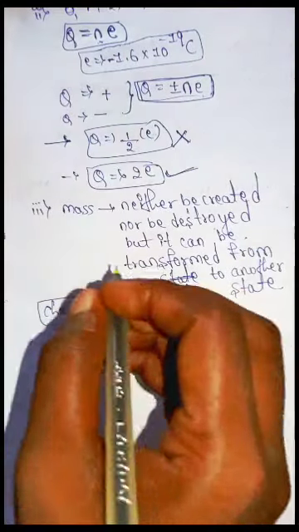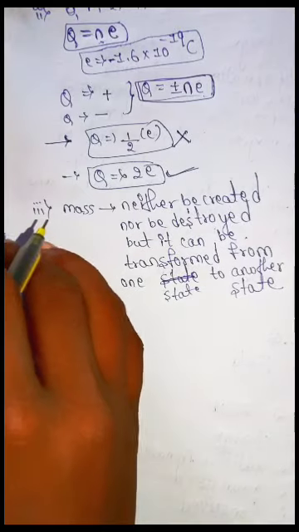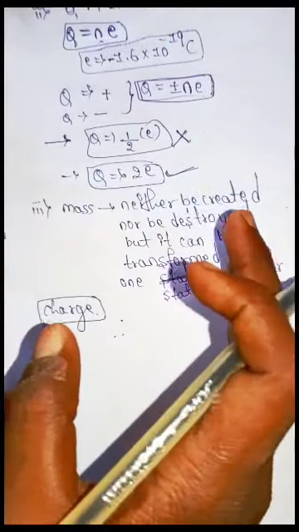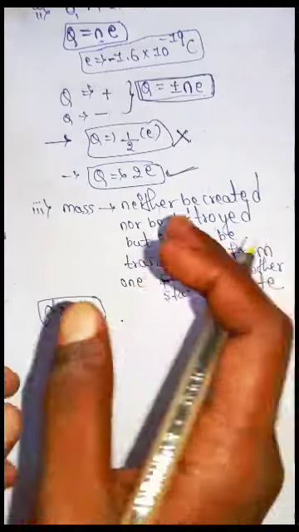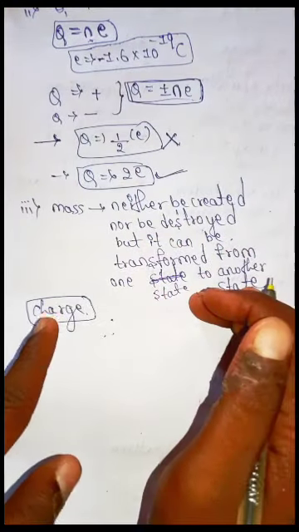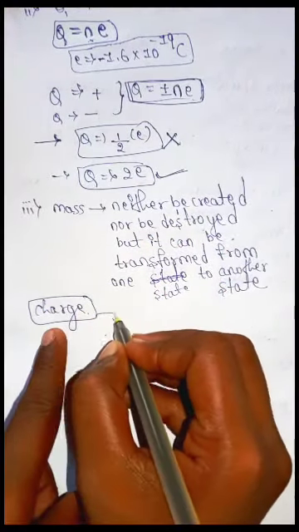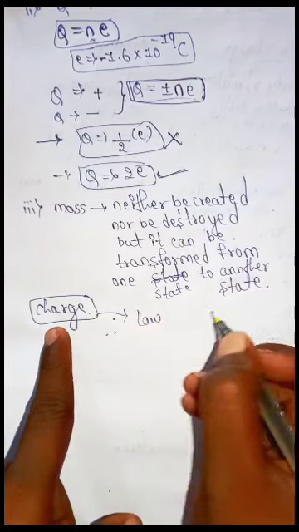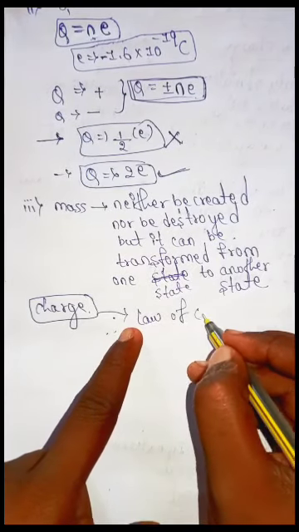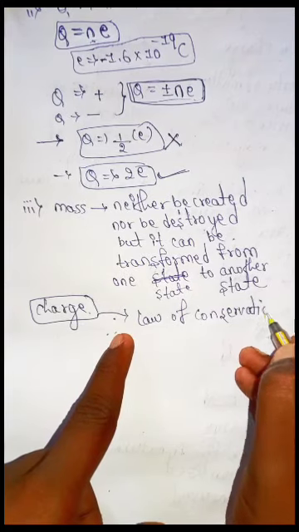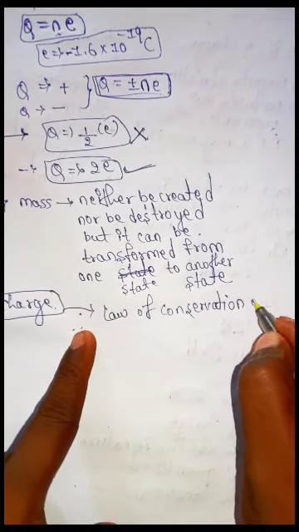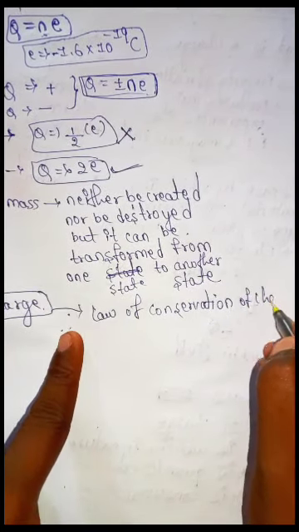We can never add charges to the earth, and we can never take charges out from the earth. Here we can write the law of conservation of charge.